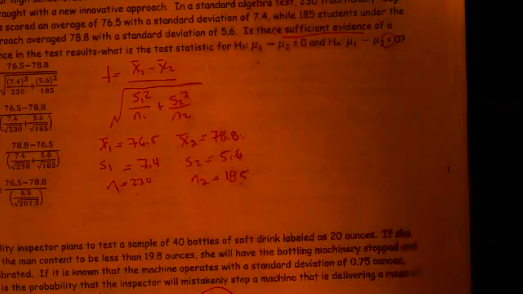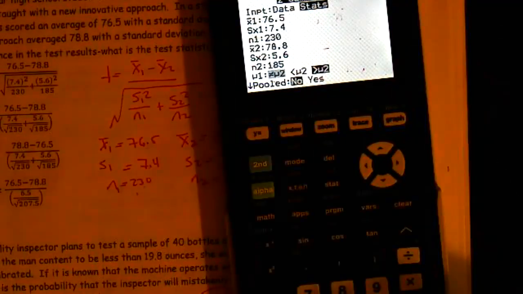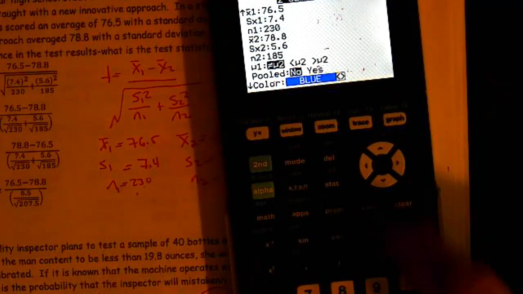And they told us they wanted us to use a not equal, so we need to make sure that we're using a not equal. We never pool.